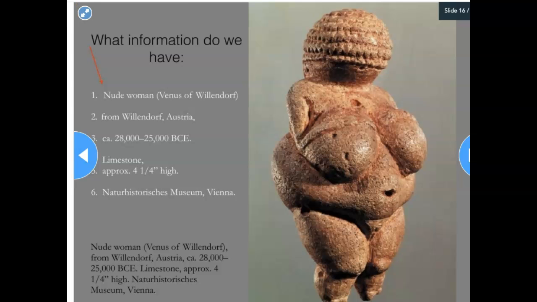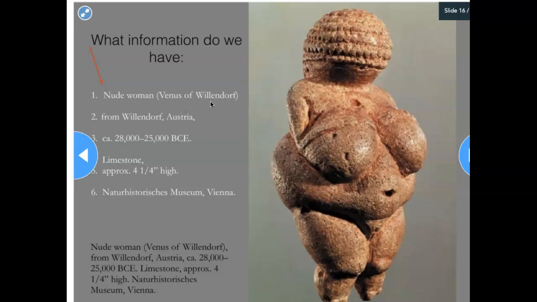So just to go over what I told you about reading this side, this is an important note for you guys to have for the rest of the course. The information that we have that's listed, as I mentioned, the first thing is typically the title, or the name, and we don't know what the artist named her, so someone else named her.